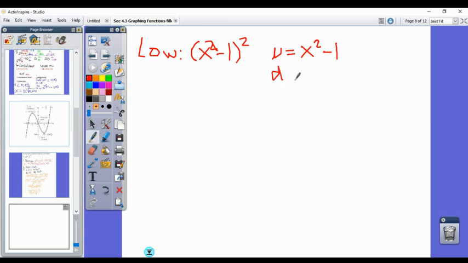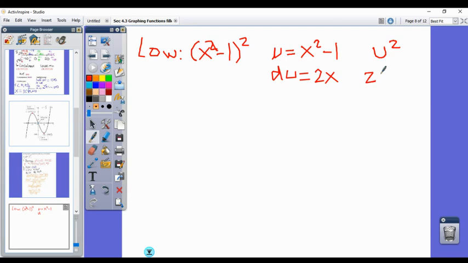The derivative of u is 2x. And u squared, the derivative will be 2u.